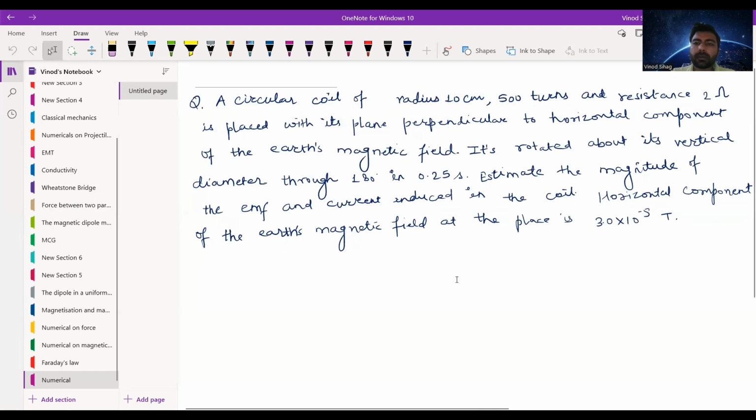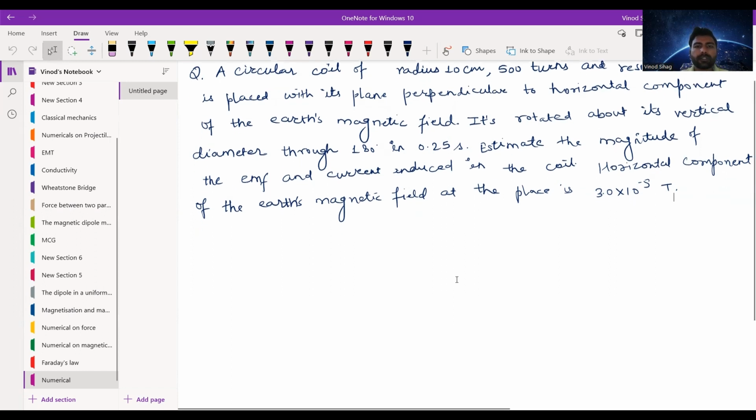It is rotated about its vertical diameter through 180 degree in 0.25 seconds. Estimate the magnitude of EMF and current induced in the coil. The horizontal component of the Earth's magnetic field is given as 3.0 into 10 to the power minus 5 Tesla.